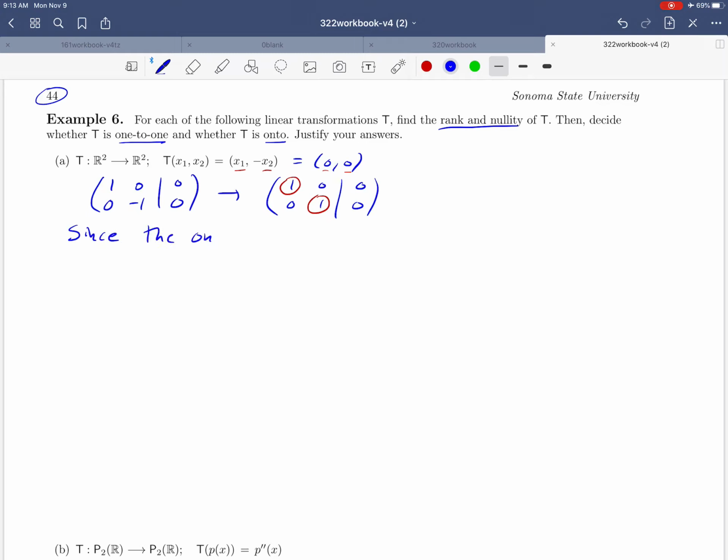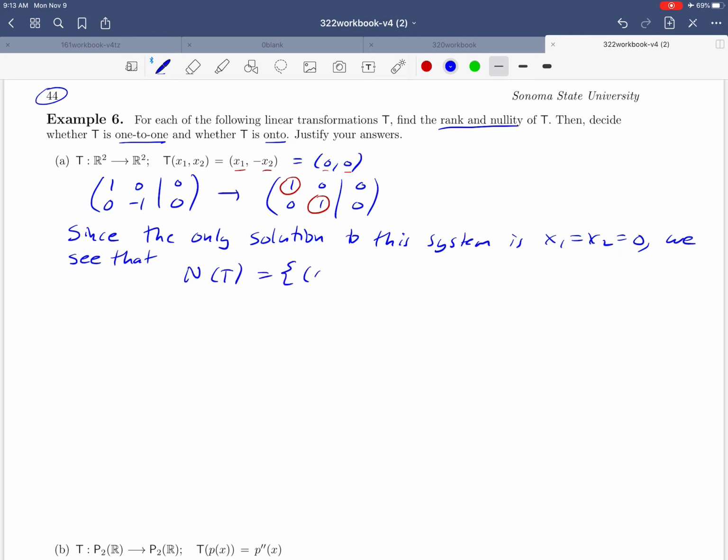So here's what we can say then. Since the only solution to this system is x1 equals x2 equals 0, we see that the null space of T is equal to just the 0 vector.